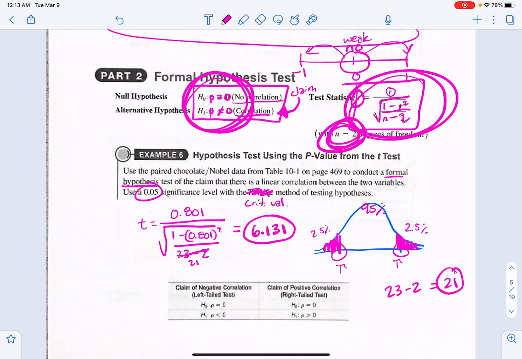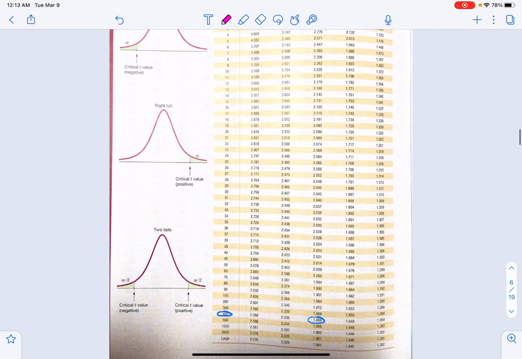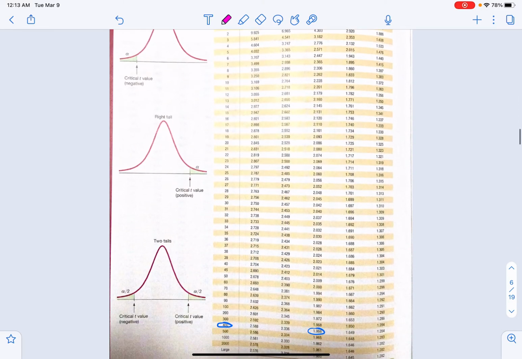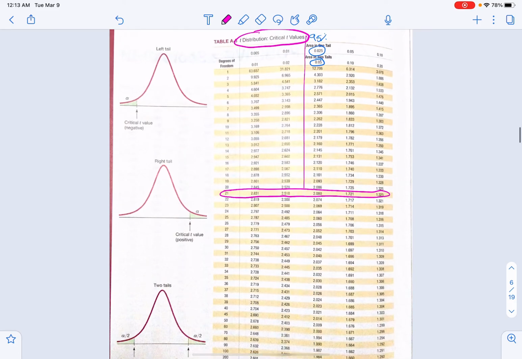Okay, so I want to look up on the chart 21 degrees of freedom at 95%. Oh, I'm in the wrong spot here. Let's do 21 degrees of freedom is this row right here. And 95% is the middle row here.